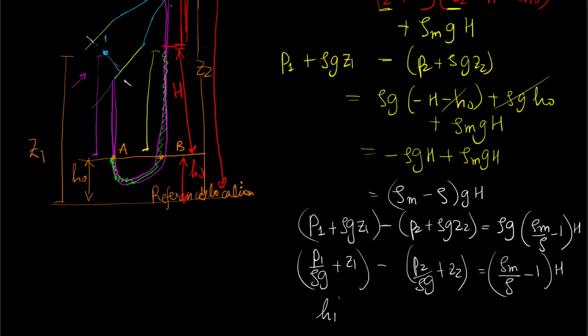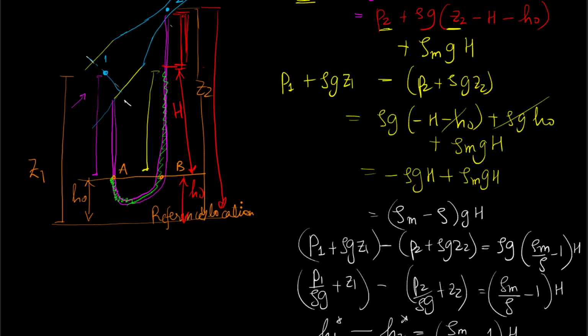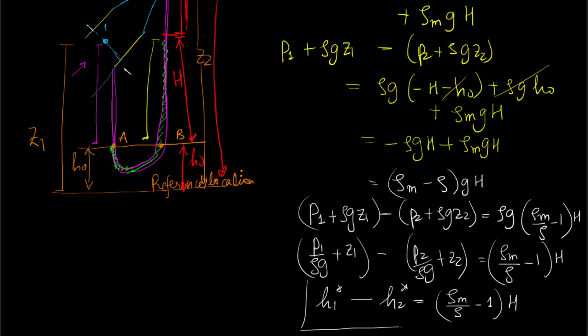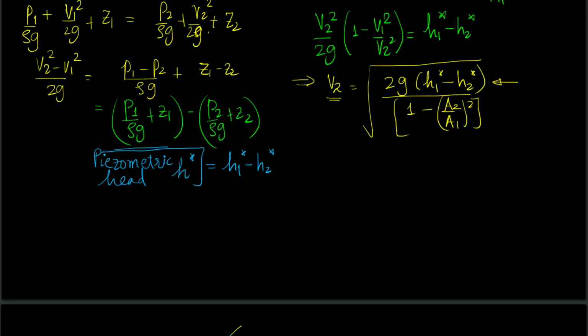So this is H1 star minus H2 star, and it is simply equal to rho m upon rho minus 1 times H. Now we can substitute this expression into the expression for the velocity.